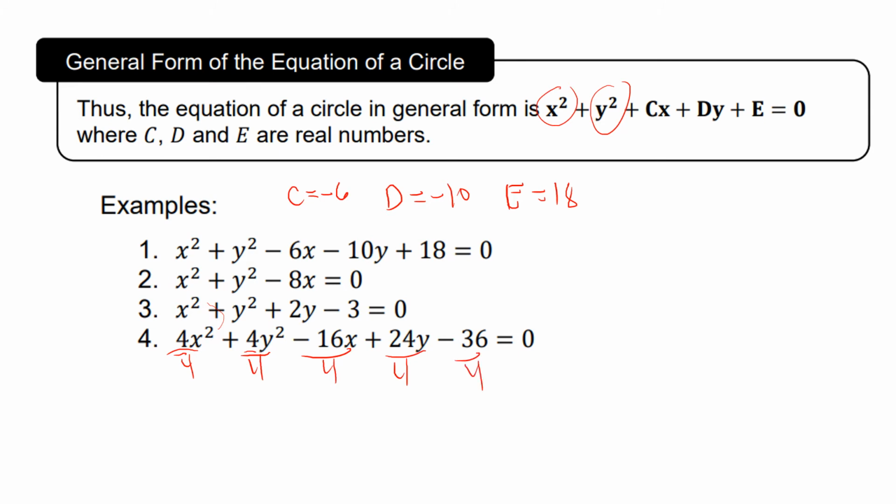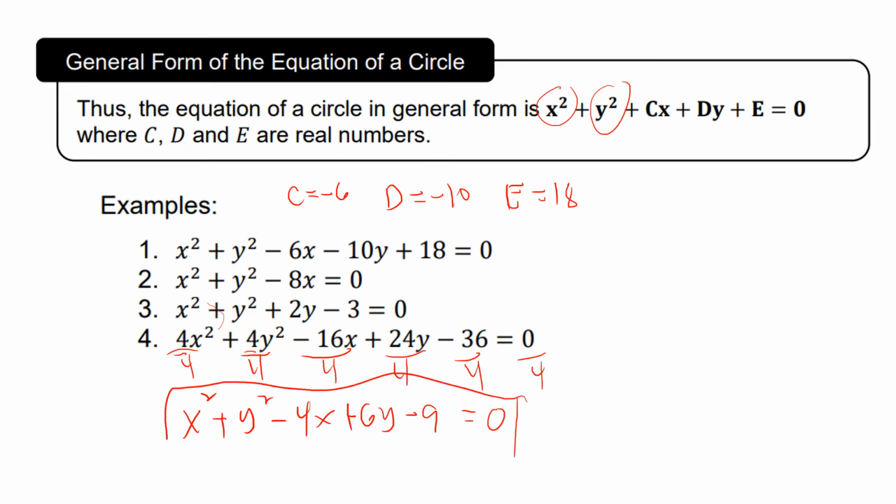Even here, the 0. So that it will be x squared plus y squared minus 4x plus 6y minus 9 equals 0. So here, this is now a standard form, x squared plus y squared plus cx plus dy plus e equals 0.